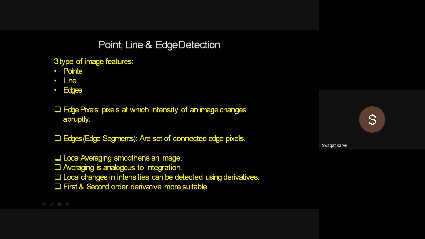So all of you know edge pixels are the pixels at which the intensity of an image changes abruptly. And what is the reason behind this? Why at the edges do you find an abrupt change in intensities? Because edges are high frequency components, right?